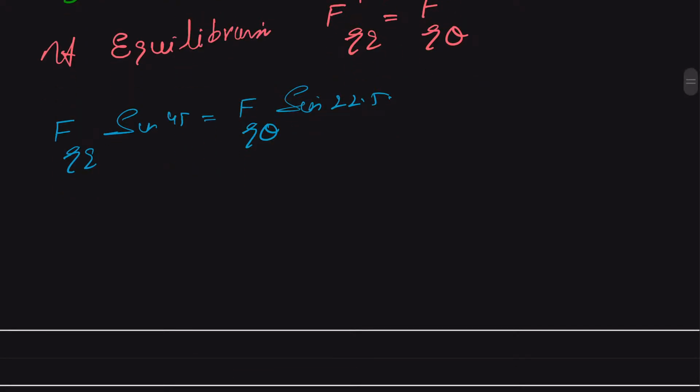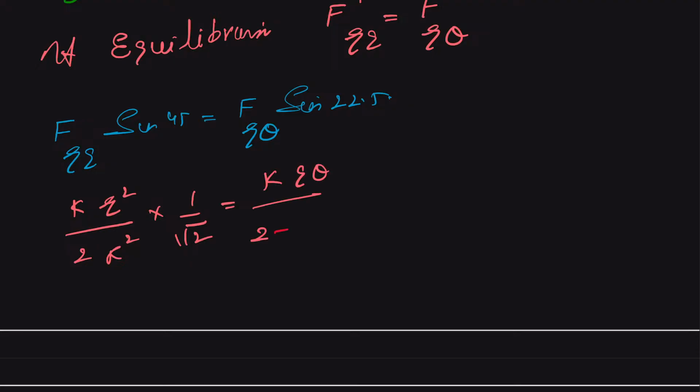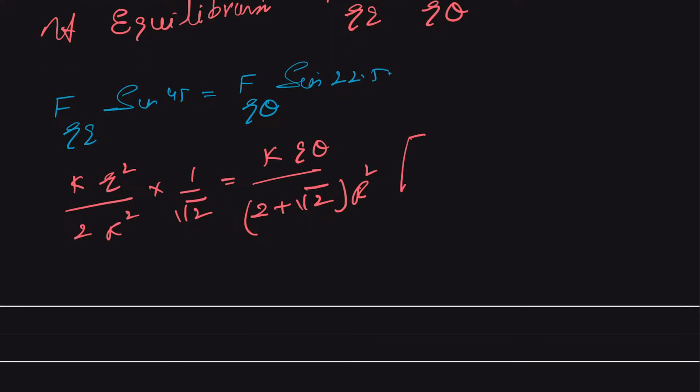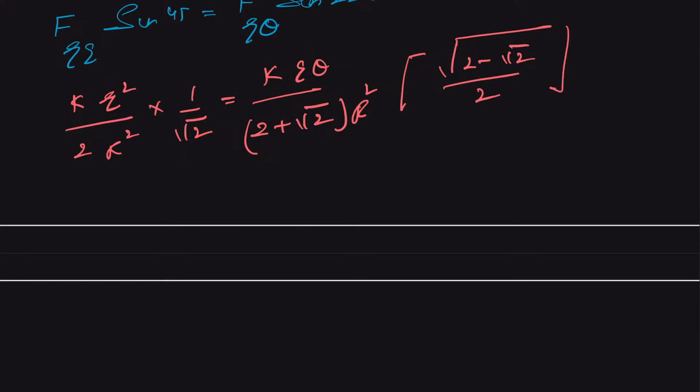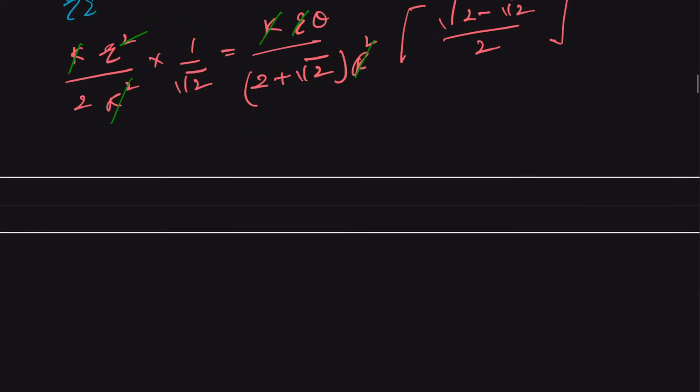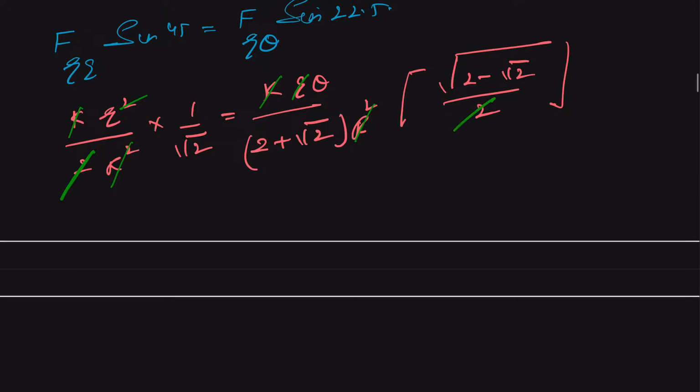and we substitute the values, and we get FQQ, which we know already is K Q square upon 2R square, sine of 45 is 1 upon square root 2, and this is equal to K Q capital Q, and this is about 2 square root of 2 and our R square, and sine of 22.5 is square root of 2 minus 2 divided by 2, and we can just cancel out this R square, K goes away, and this 2 goes away.